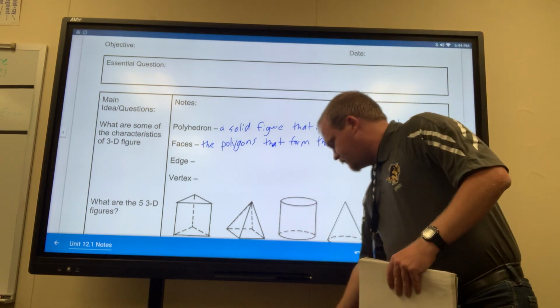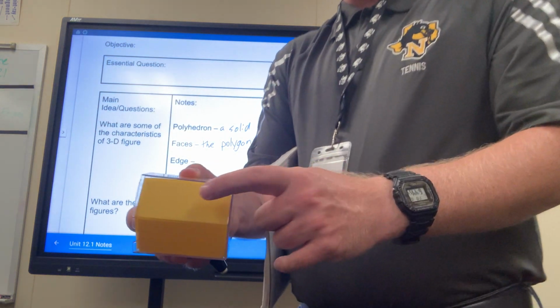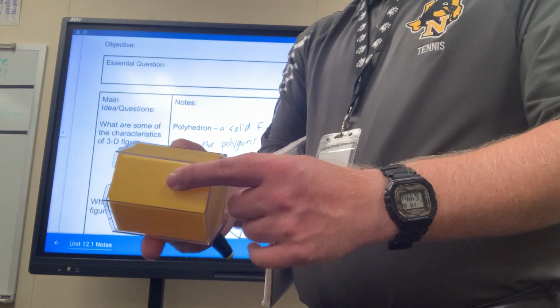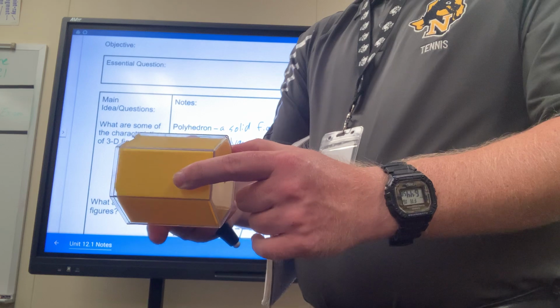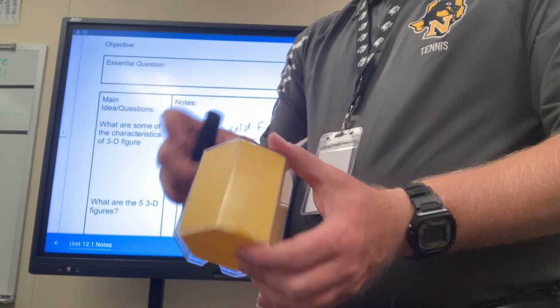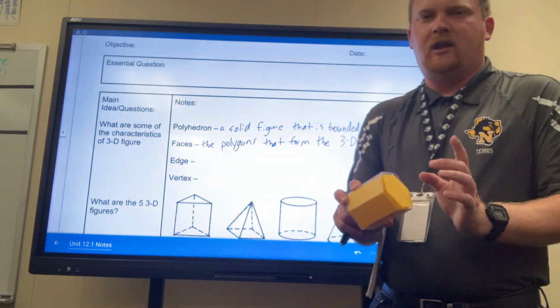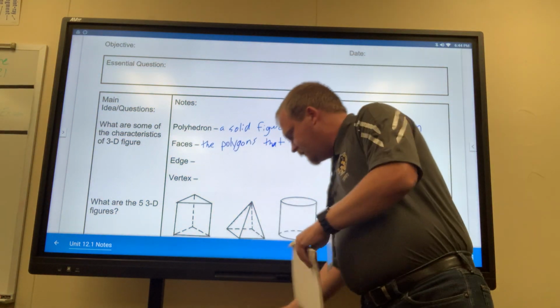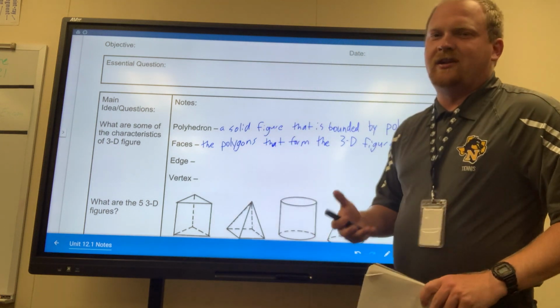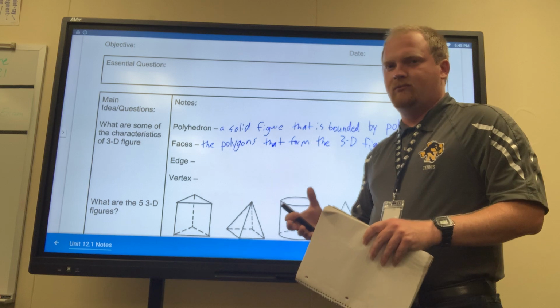So for example, each polygon like this is a face. So that's a face. This is a face. That's another face. A third face. Even the bases are faces. All right, so each polygon is a face. That's how we describe the sides of a three-dimensional figure.